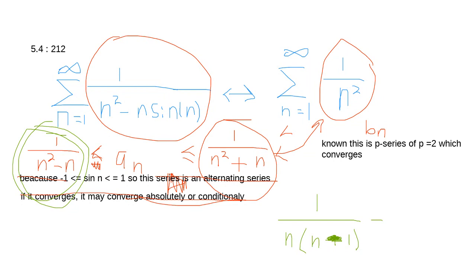So we can break this into partial fractions, 1 over n minus, let's see, n minus 1. We need the numerator to be 1 in the end. So here we would have n minus 1 when we do common denominator, and here we would need n. So n minus 1 minus n, that's -1. So what do we do? We do this.